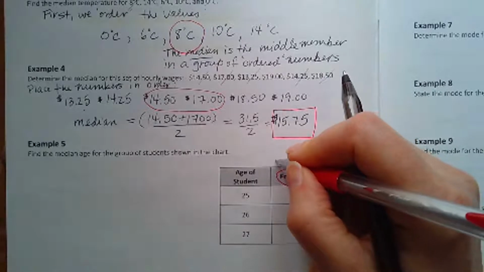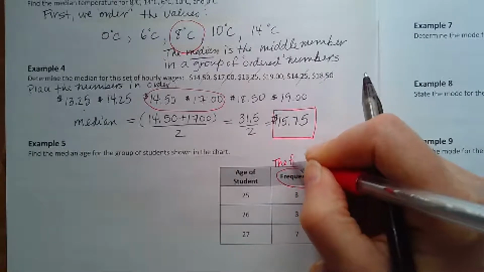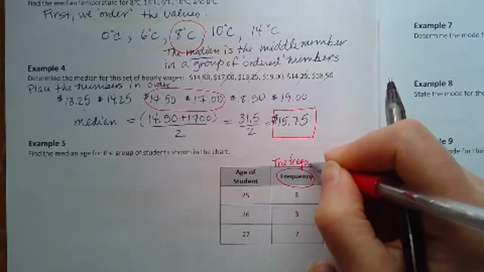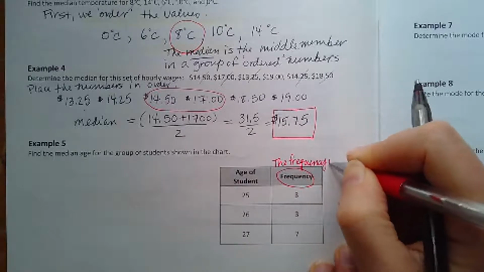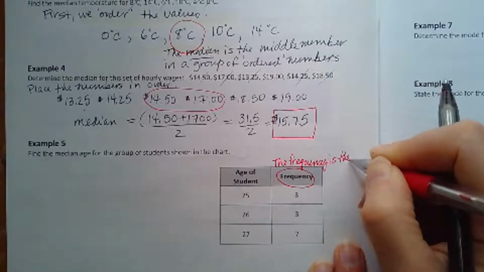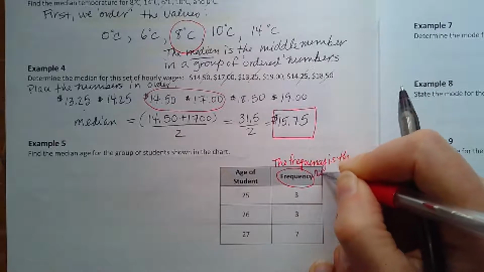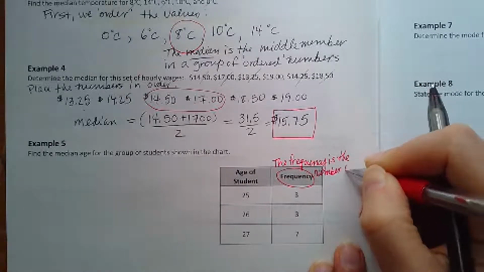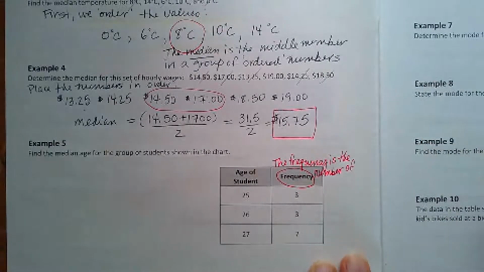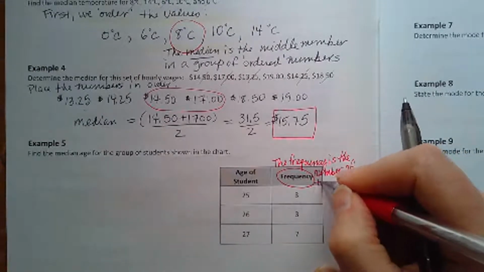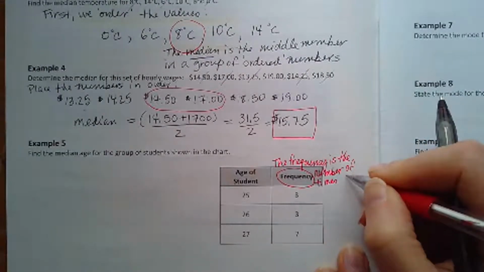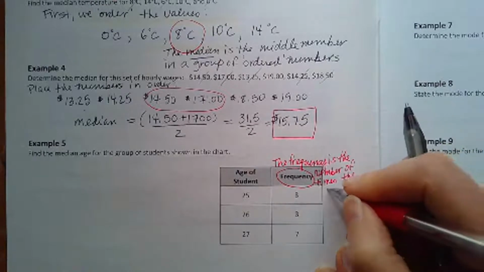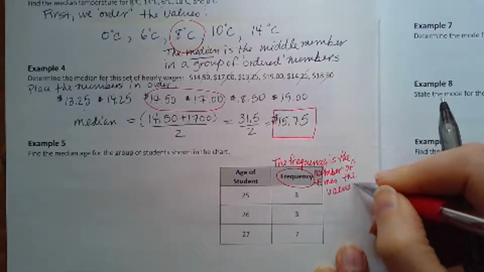This means the frequency is the number of times the value occurs.